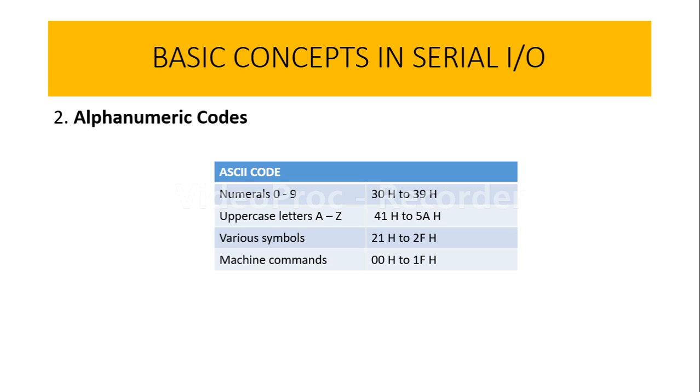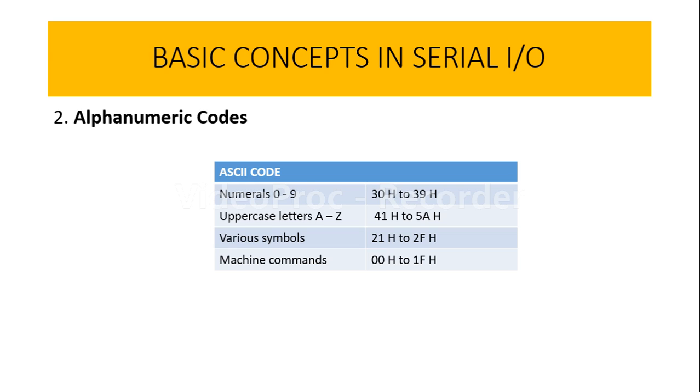The second concept is alphanumeric codes. The most commonly used code for serial communication is ASCII code, which is a 7-bit code. This 7-bit code with 2 to the power 7, or 128, combinations is assigned to letters, decimal numbers, symbols or machine commands.